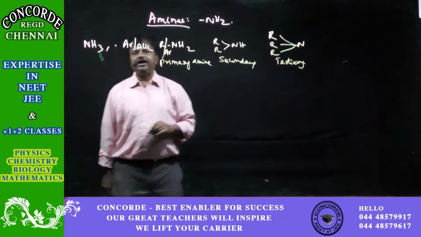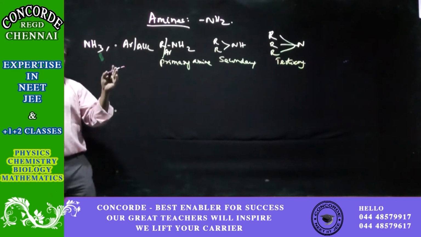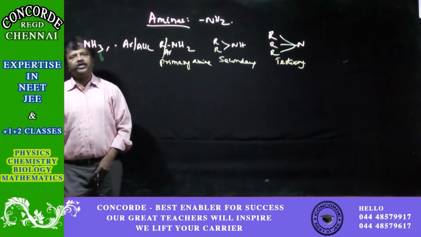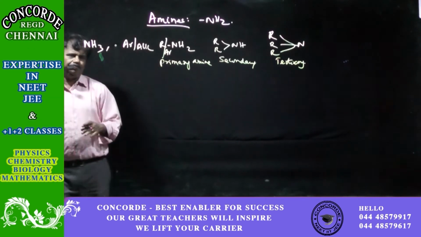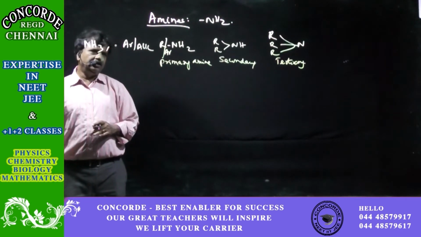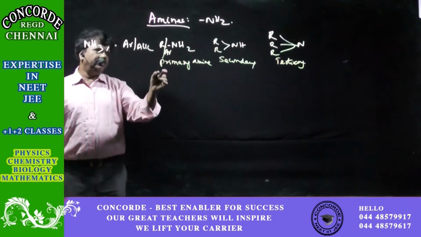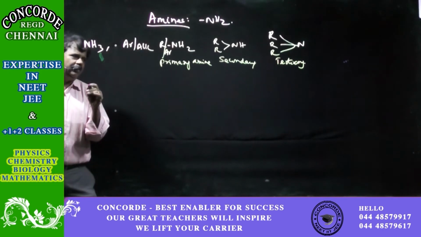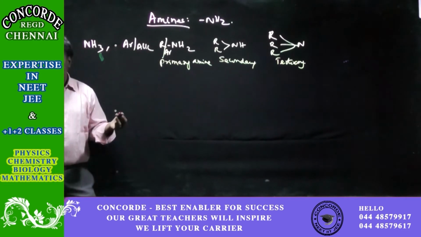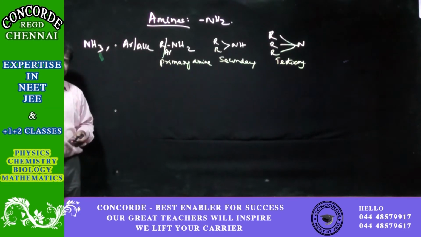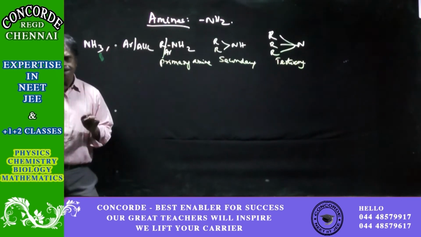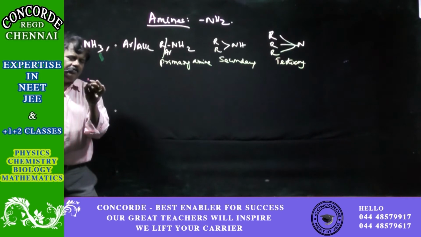So depending upon the number of hydrogen atoms substituted, we have primary, secondary and tertiary amines. All these are substituted products or derivatives of ammonia. The group can be either alkyl or aryl. Coming to the naming of amines, the IUPAC names as well as common names end with amine.